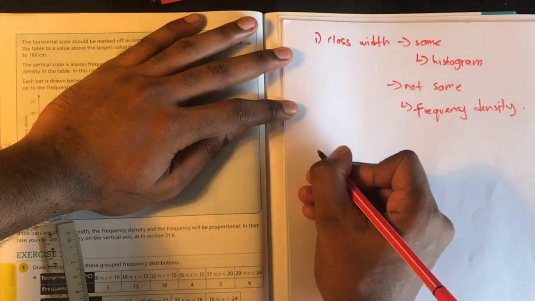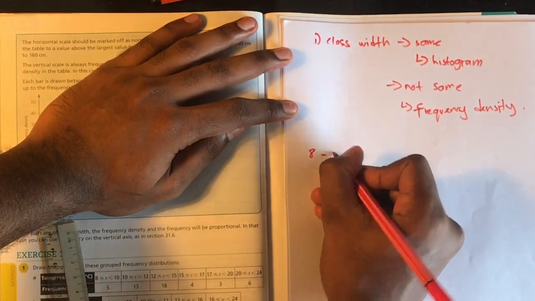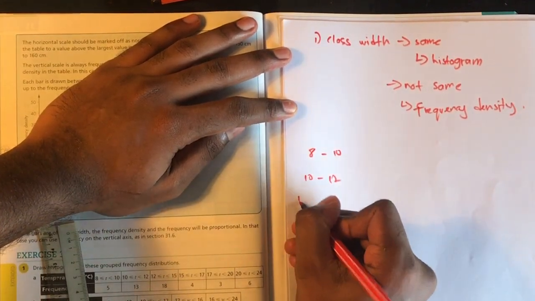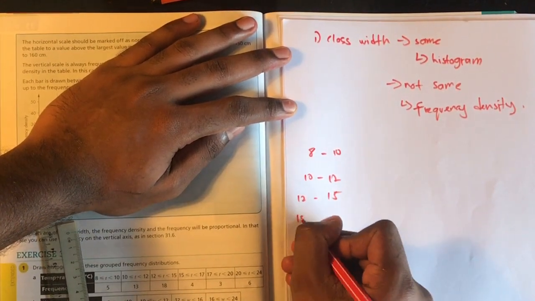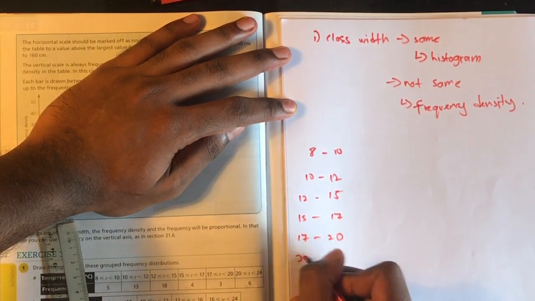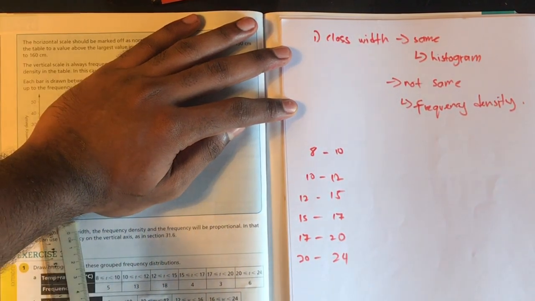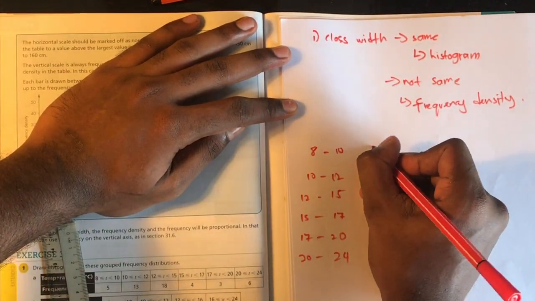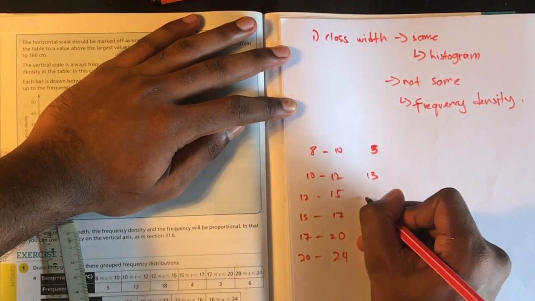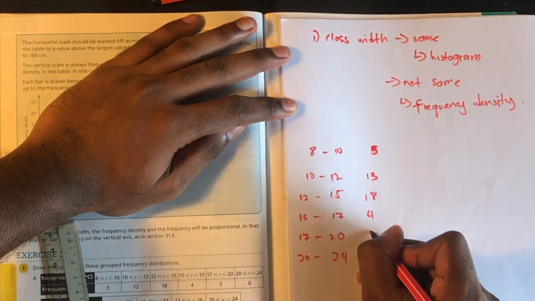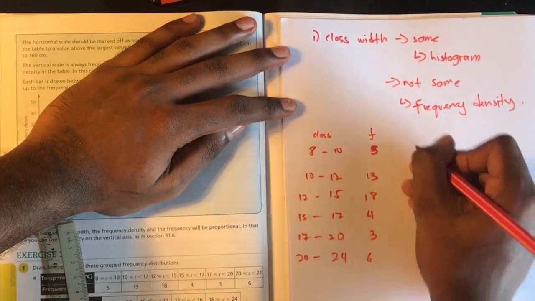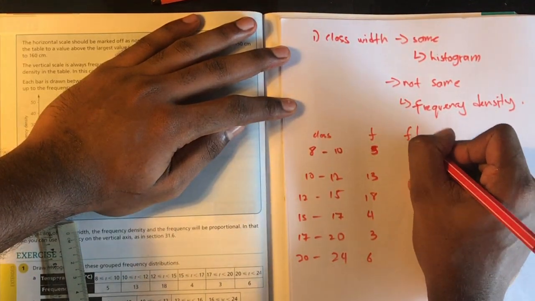We draw this table first: 8 to 10, 10 to 12, 12 to 15, 15 to 17, 17 to 20, 20 to 24. Now I'm going to write the frequency here: 5, 5, 13, 18, 4, 3, 6. Class frequency, and I want to calculate the frequency density.